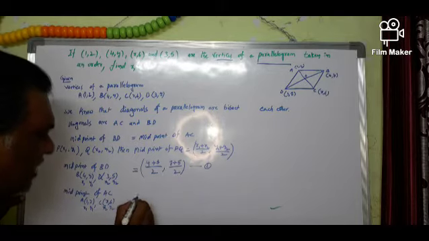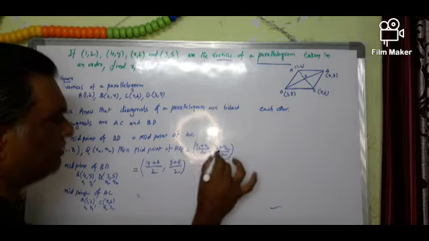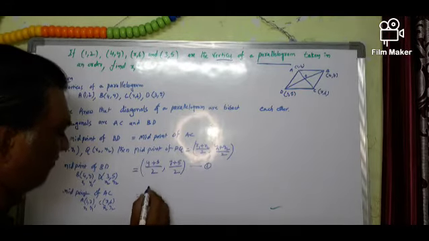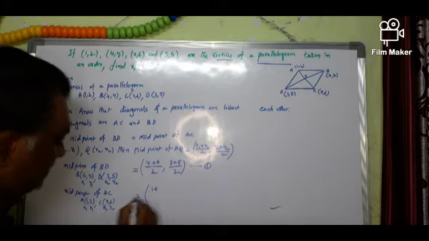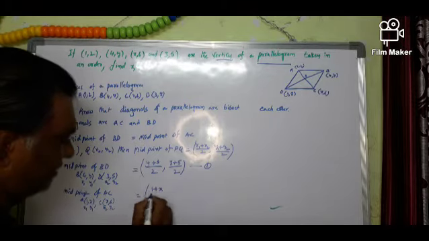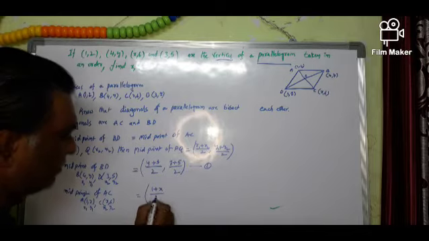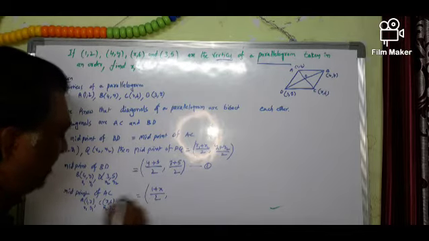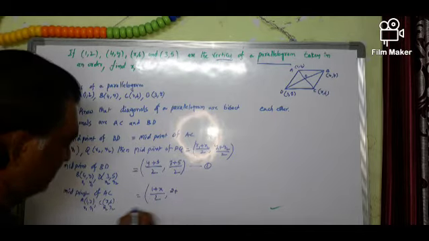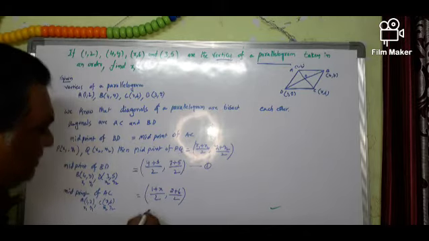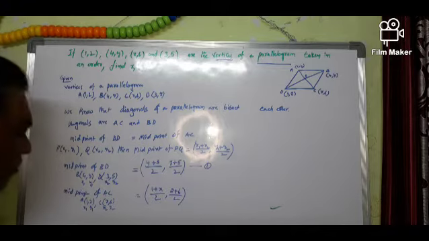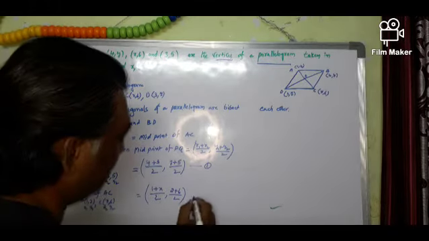Now substitute these values in this formula: (1 plus x) by 2, (2 plus 6) by 2. This is the midpoint of AC.